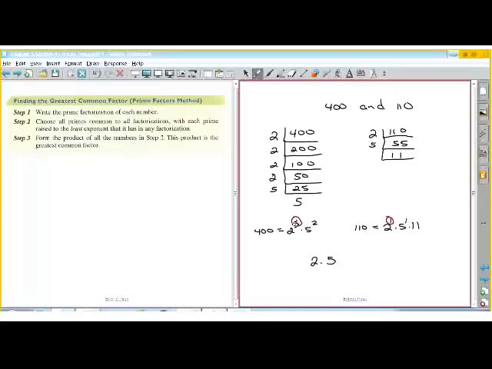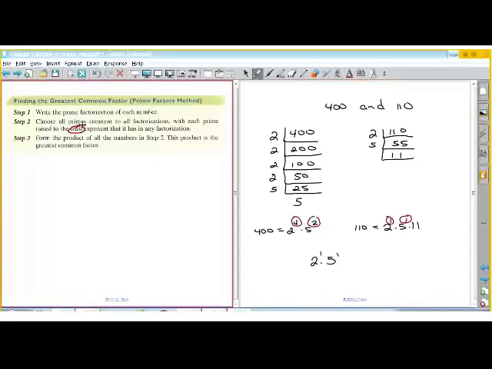And I don't write 1, but there is 1 there. So you take the smaller of the 2. So I do 2 to the 1st power, because that's the smallest. And as far as 5 is concerned, I have 2 and I have 1, so the smallest there is 1. So that's choose all primes common to all factorizations with each prime raised to the least exponent.